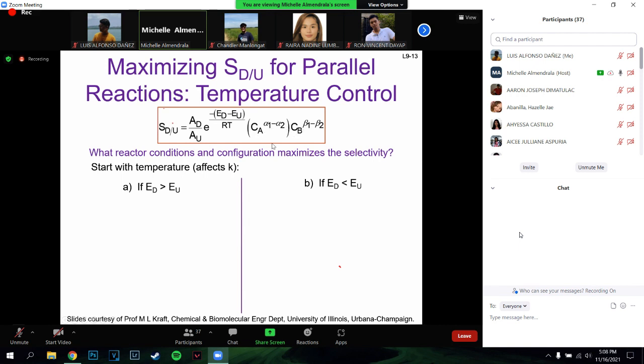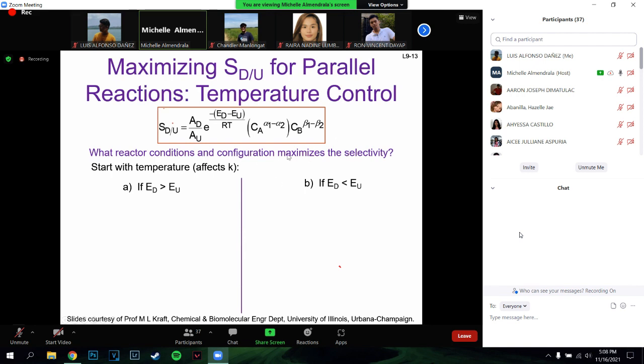So at what values of A, B concentration and temperature are you going to have the maximum ratio? Because the maximum ratio gives you the higher value of the desired reaction.